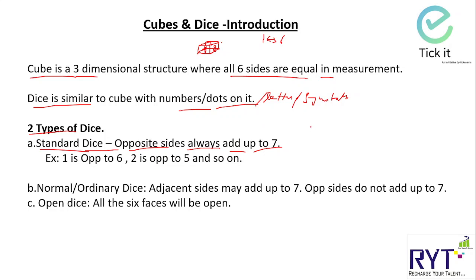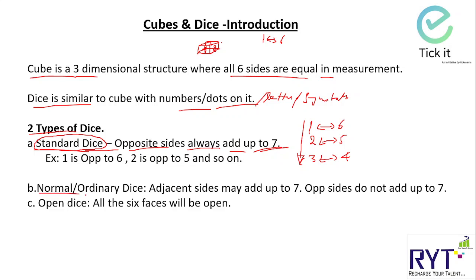If one side has 2, the opposite side will be 5. If one side has 3, the opposite side will be 4. So the numbers add up to 7. But you have to be cautious and observe carefully in the question. If it is mentioned as standardized, then only this logic applies. Otherwise we cannot apply this logic.